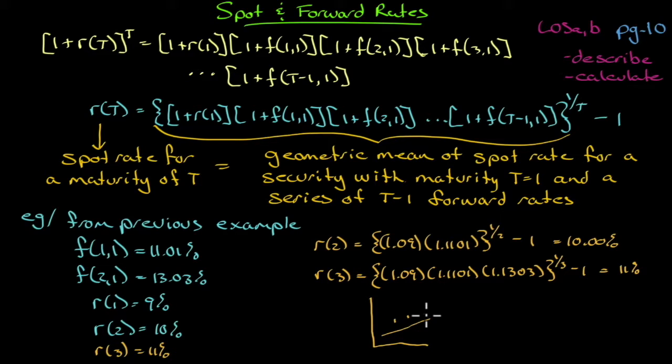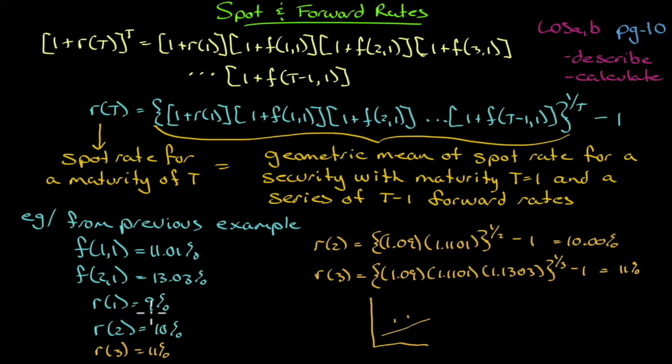We're saying that given the shape of the yield curve, the marketplace is pricing in what the future spot price will be in the forward rate. So if we have, for instance, our forward rate in 1 year is 11.01.